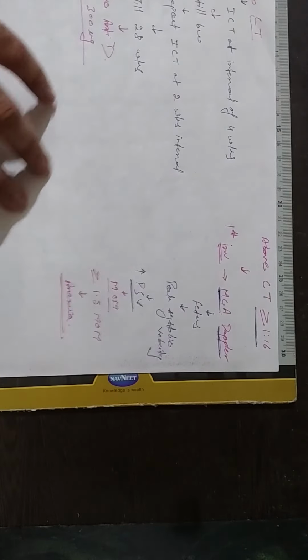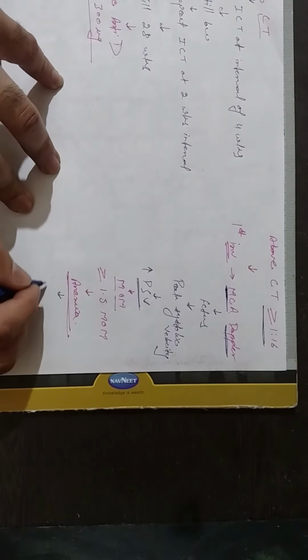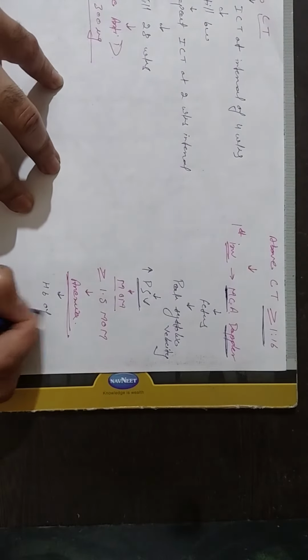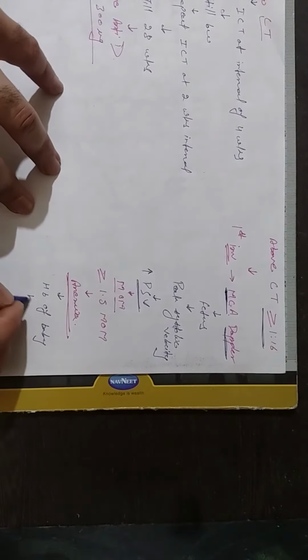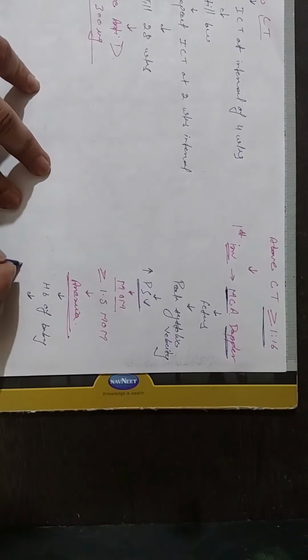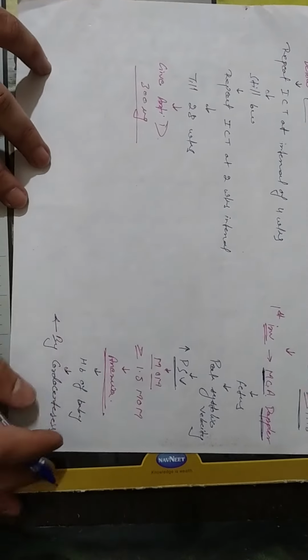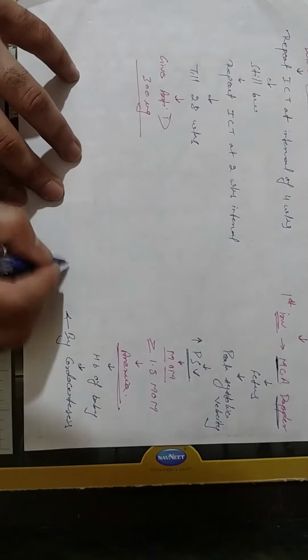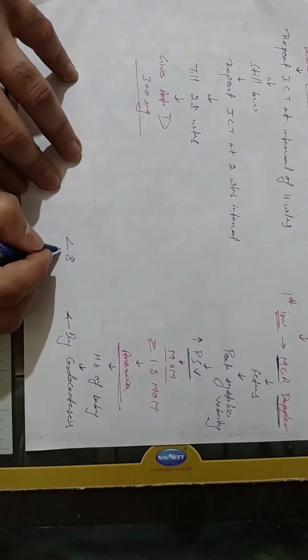So now we will check hemoglobin of baby. How do we do that? By chordocentesis. We take baby's blood, we check for hemoglobin, and let's say we find it less than 8, for example.